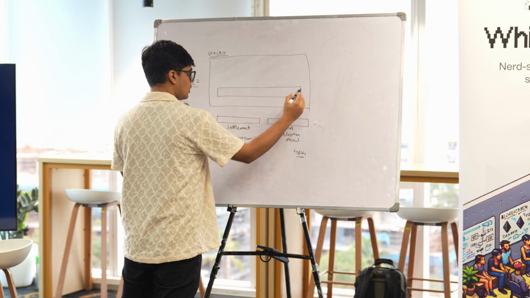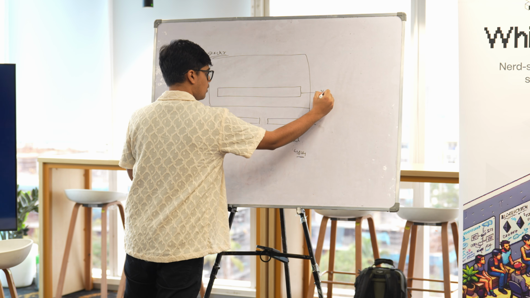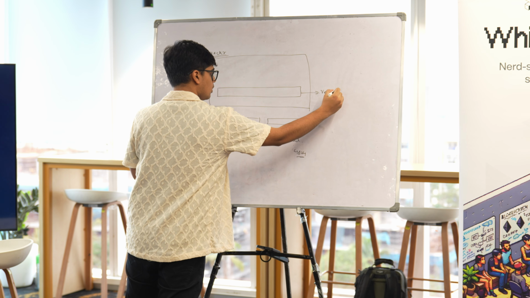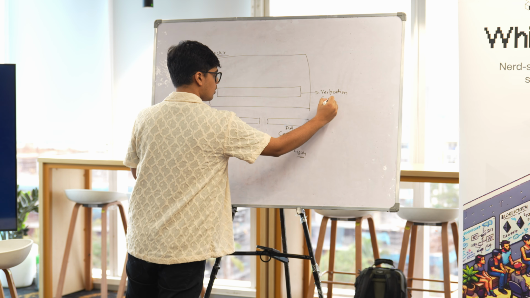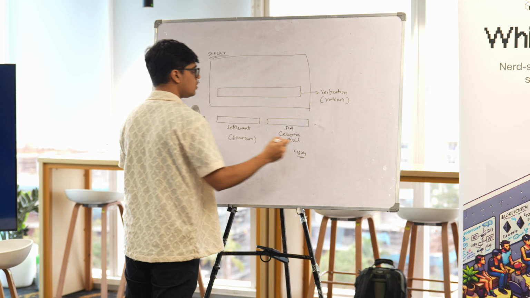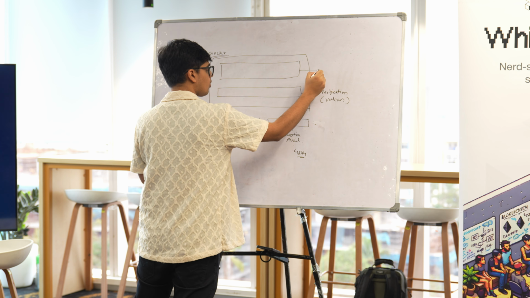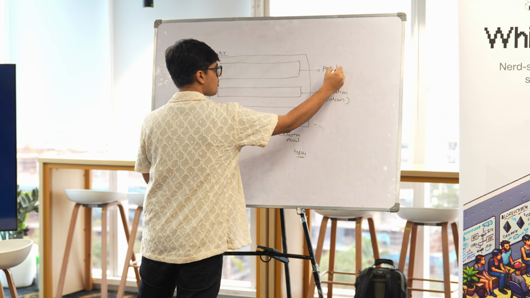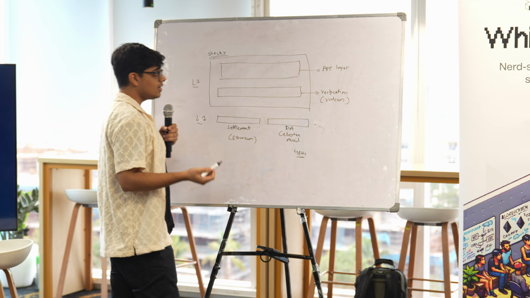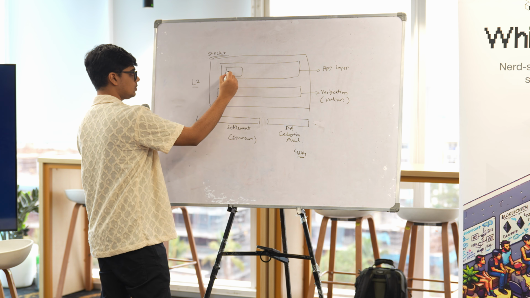One layer is called Vulkan, which is used for verification. And on top of that, we have the application layer. Inside the app layer are micro-rollups.